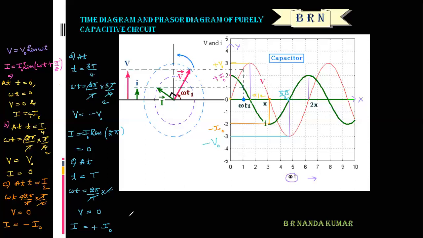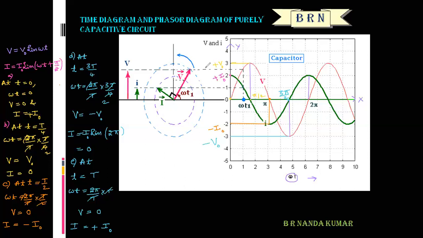Sine π/2, sine 3π/2, sine 5π/2, so that is equal to 1. Sine of odd multiples of π/2 is equal to 1. So at time t equal to T, the voltage is 0, but the current is not equal to 0, that is plus I naught.